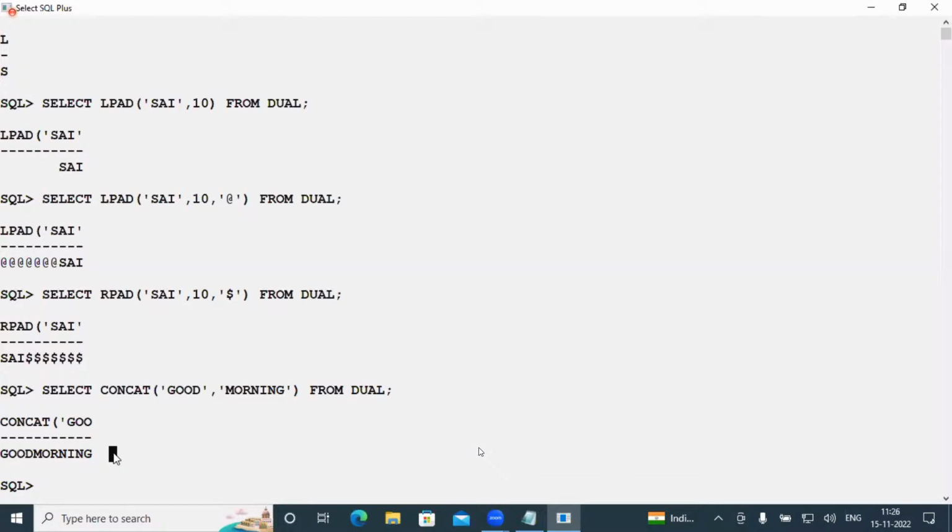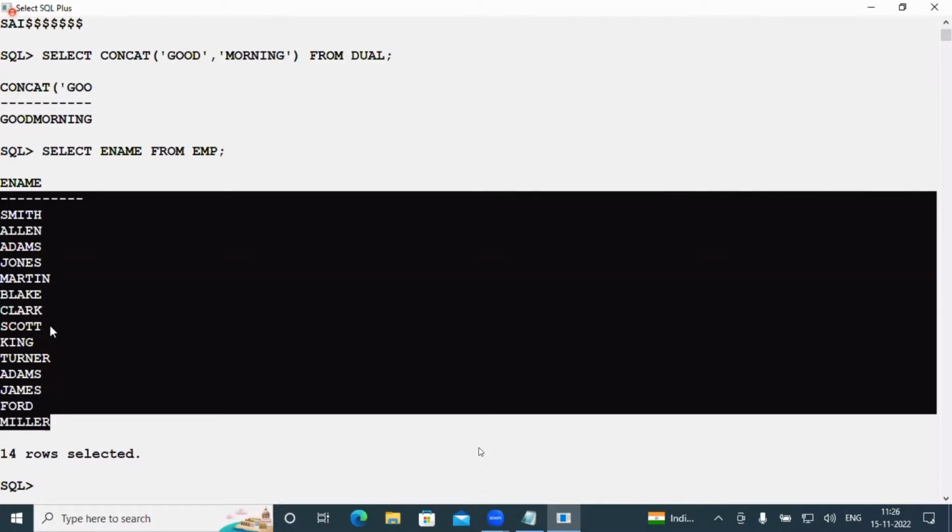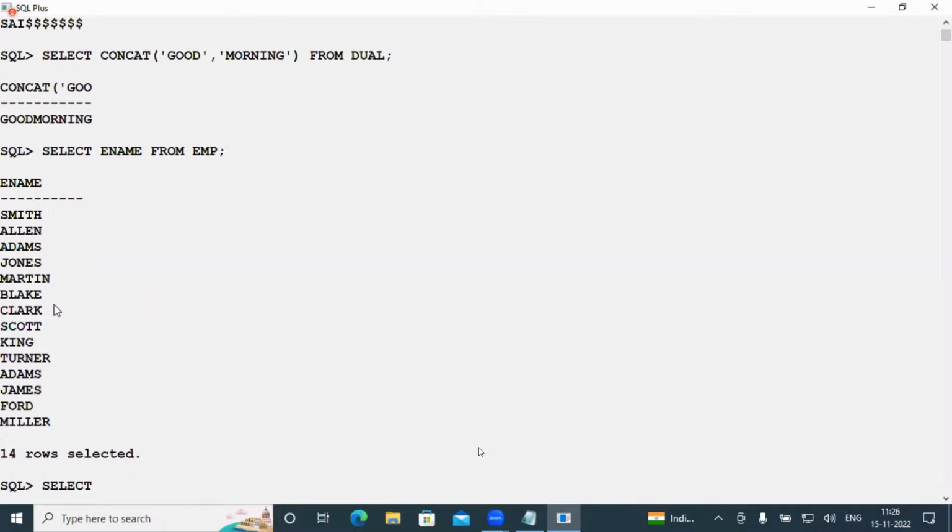Same as, for example, come out and see my employee table. Names are there for the ENAME column. To these names, I'm going to add Mr. So this is one string I'm adding to every employee name.